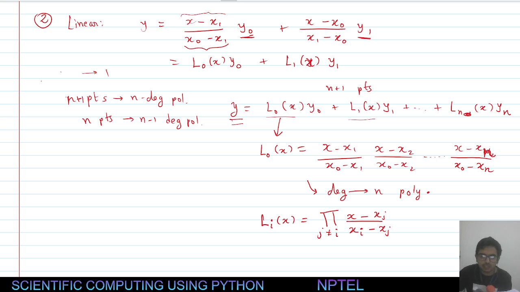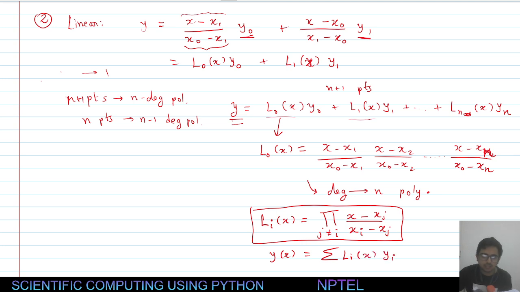You have Li, and then y of x is just the sum over Li of x times yi. Or if you are aware of Einstein convention, you can just write Li(x) yi, because this i is being repeated, so it is summed over.